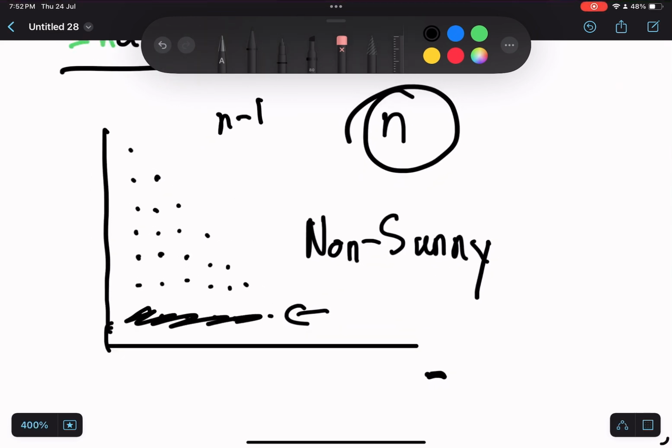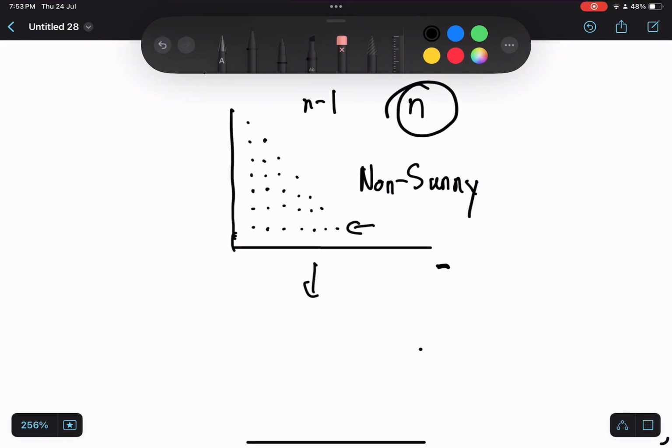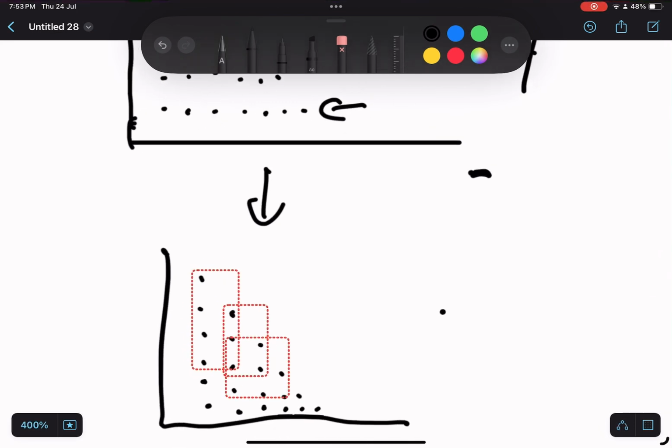Since there has to be one non-sunny line, it could be that row, and that brings us to the n-1 case. n-1 has the same number of sunny lines, because there are n-1 non-sunny lines. And we can get n-1 by crossing any of the lines shown here because they are all non-sunny lines. Okay, so by this, you can probably already see where this is going. We go to the n-1 case, and we can basically repeat the same process.